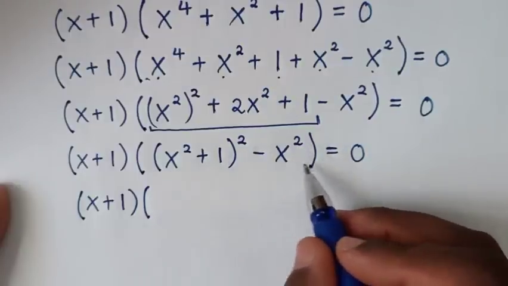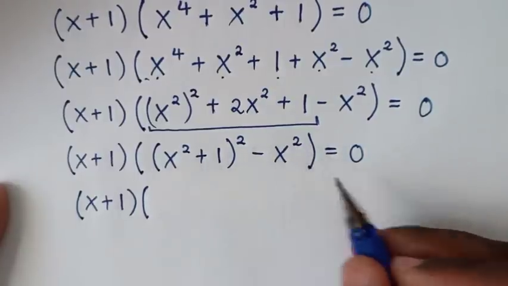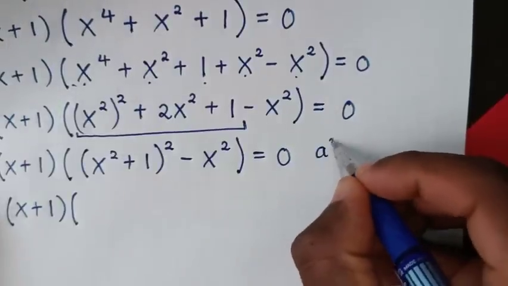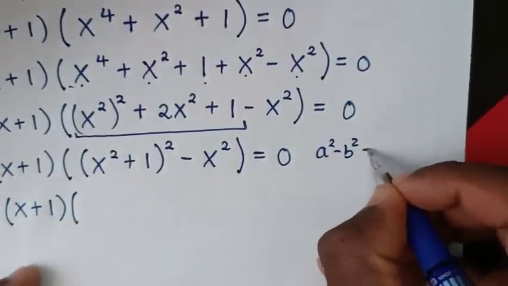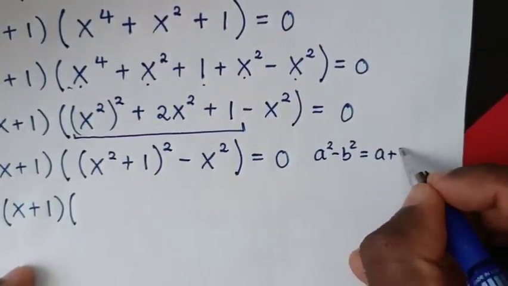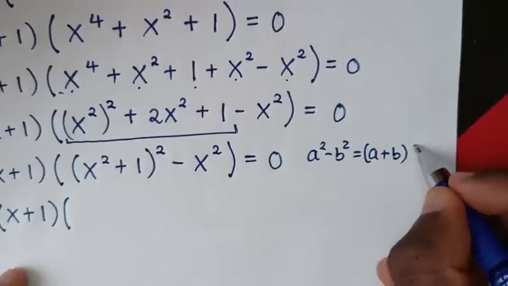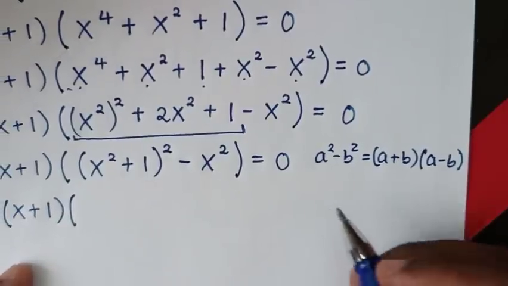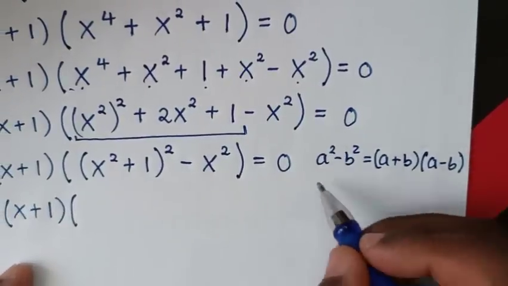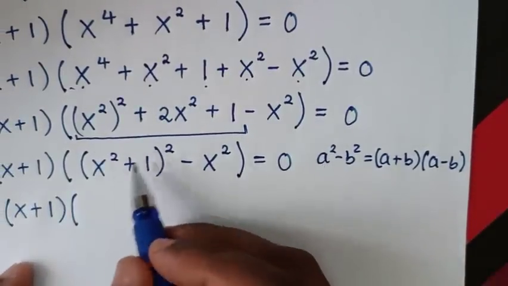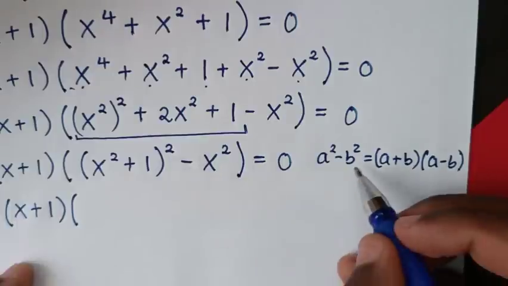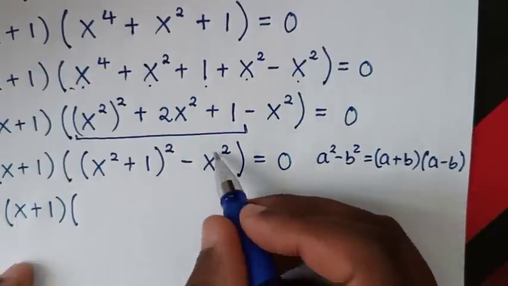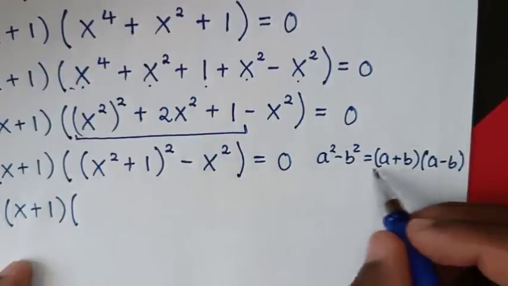So into here we'll apply the rule a^2 minus b^2 is equal to (a + b)(a - b). So when you compare here a^2, then a will be x^2 + 1, and here b^2, here b will be x. Then we'll apply this form here.